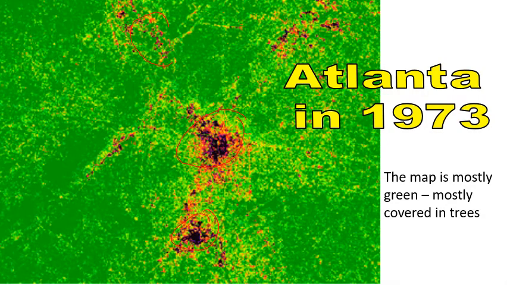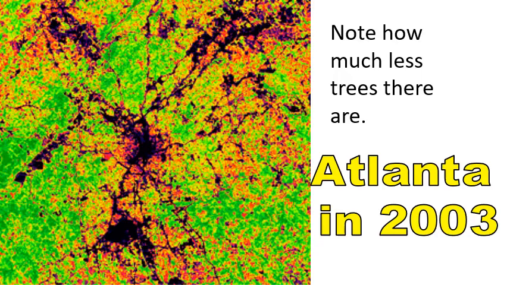This is getting up towards Marietta, and this is going out towards Gwinnett, like Doraville out that way. So you can see a lot of trees in Atlanta in 1973. By 2003, however, a lot more of the trees have been cut down because we built more roads, parking lots, houses, buildings, shopping centers. So there are so many fewer trees in 2003 than there were in 1973.